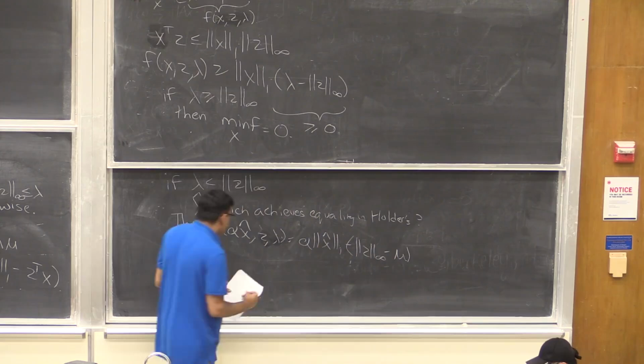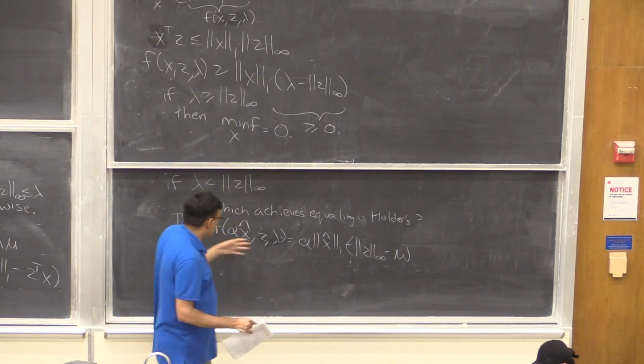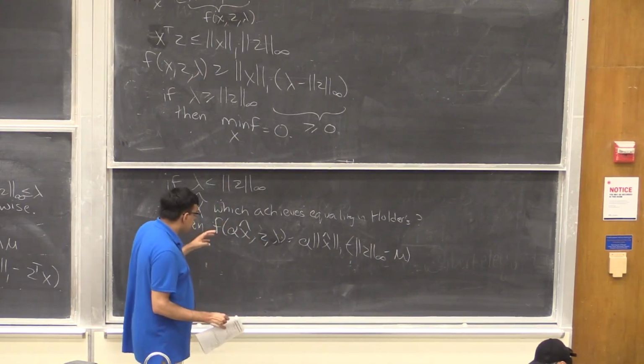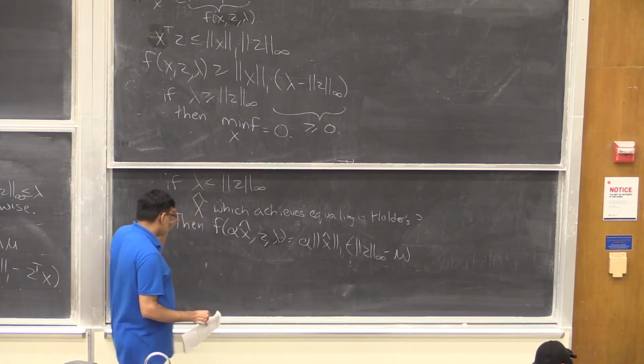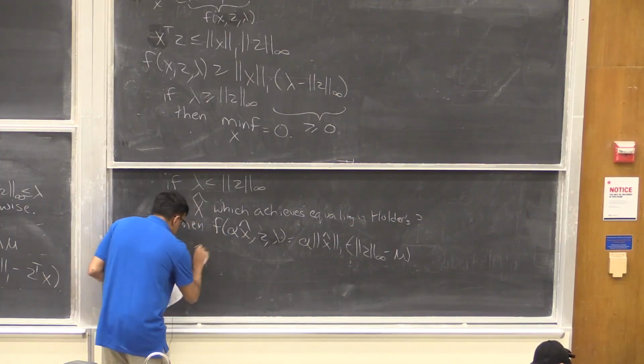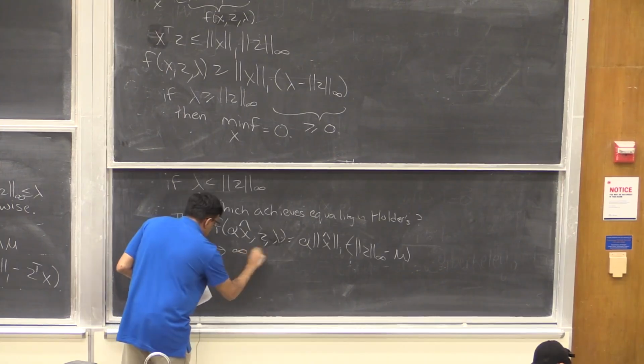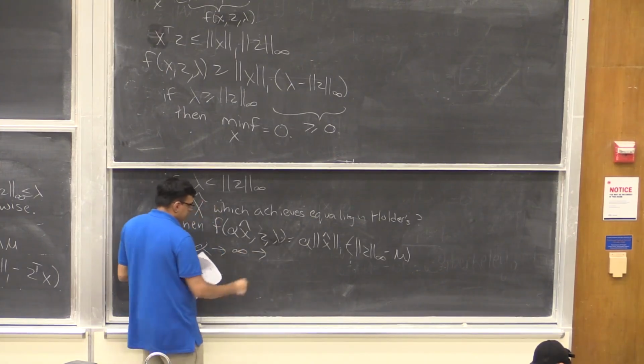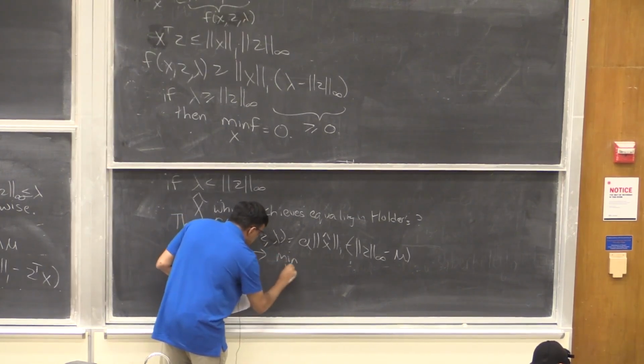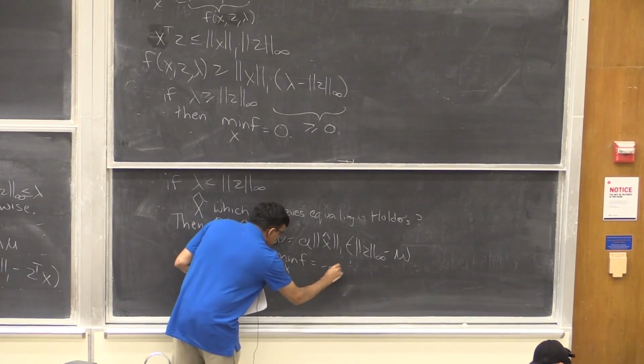And just by sending alpha to infinity, we get that f is minimized at negative infinity. So this limit will show that min over x of f equals negative infinity.